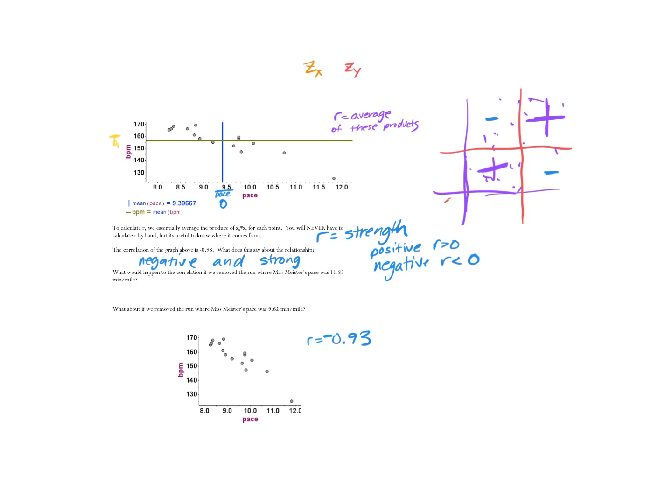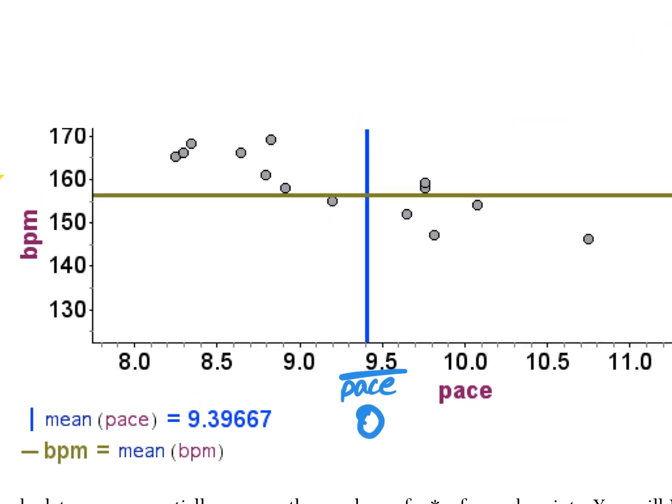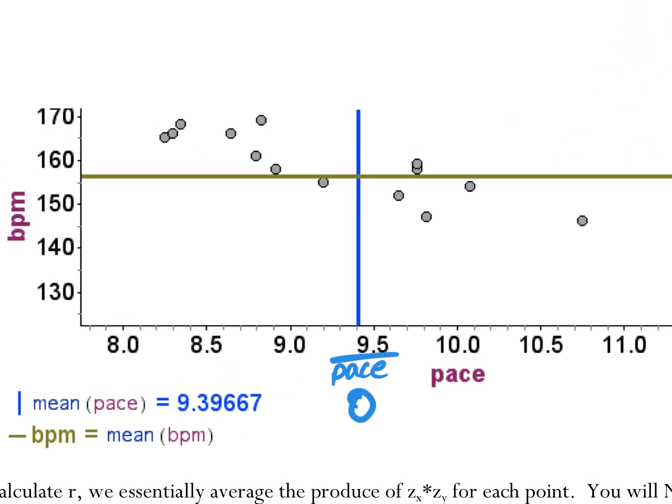Okay, you guys, what would happen if I took this point completely out? So that's no longer our scatter plot. It's gone. Would that increase, decrease, or keep the same correlation? And you guys with me that one was the one that had the biggest negative value?